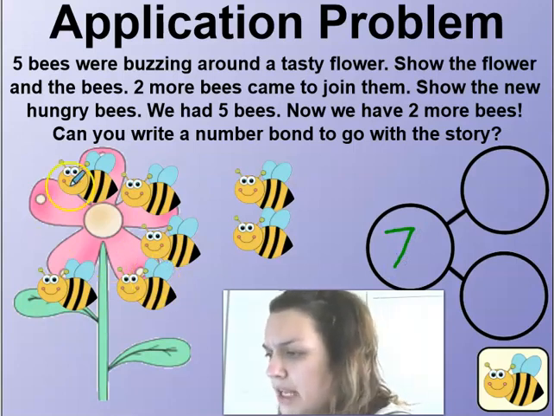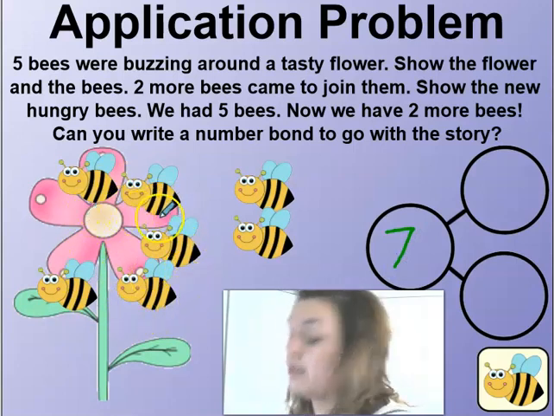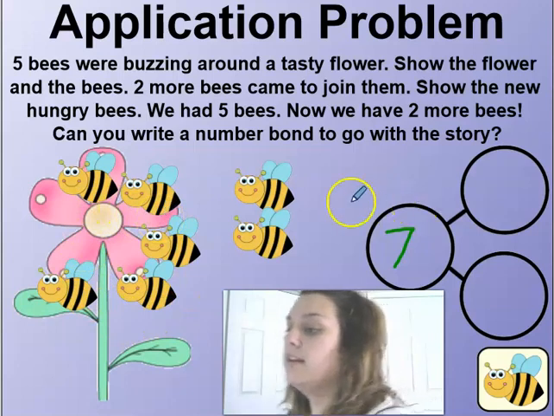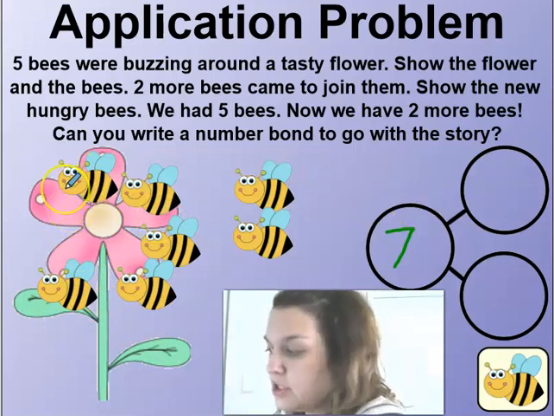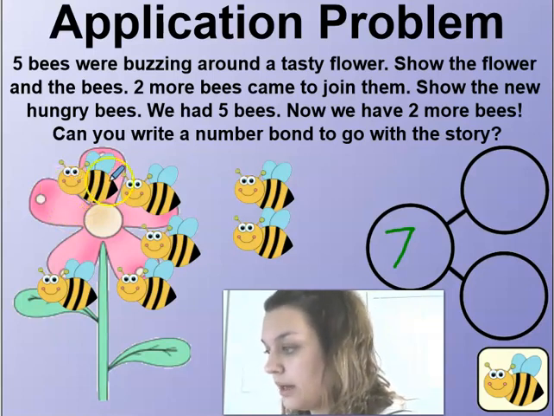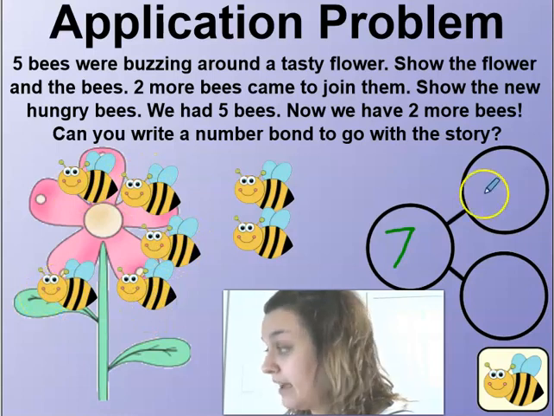Okay, how many bees started at the flower? How many bees originally were there? Does anyone remember? Let's count to double check. It's always good to double check our work. 1, 2, 3, 4, 5. So 5 is one of our parts.